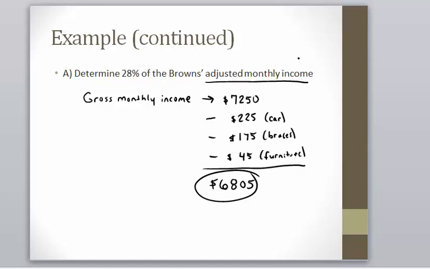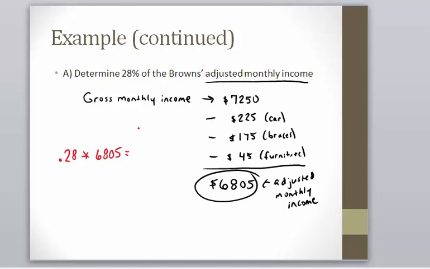Now, we want to take 28% of that adjusted monthly income. In order to do that, we're going to write the 28% as a decimal. So we'll write it as 0.28, and we're going to multiply by that adjusted monthly income.